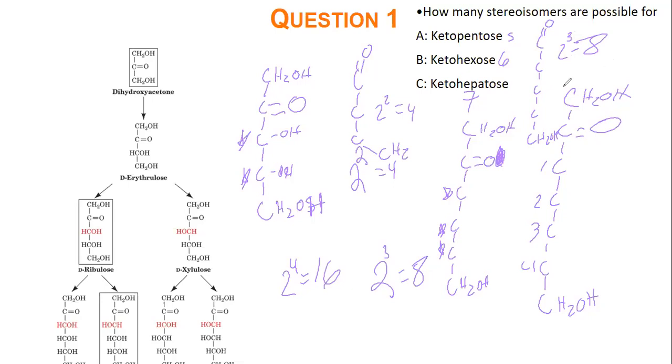That equation is general for anything that has 2 possibilities. Like flipping a coin is either heads or tails. If I flip a coin 5 times, I have 32 different possibilities. It can be all heads, 4 heads, 1 tail, and so on and so forth. That's just a common probability equation. So for sugars, 2 raised to the power of how many chiral carbons there are. That's how many different sugars, or how many different stereoisomers, you can have.